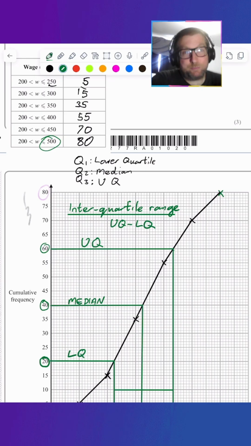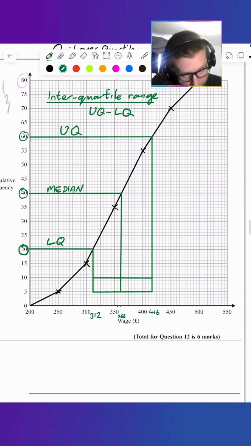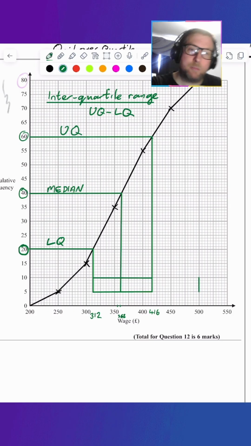So we kind of guess, but potentially someone could have a wage of 500. So we're going to call 500 the maximum value in the data. Often, if a question was asking us to draw the box plot, they would tell us specifically what the largest value was. Maybe it was 480 or something, and we could refine our graph then.